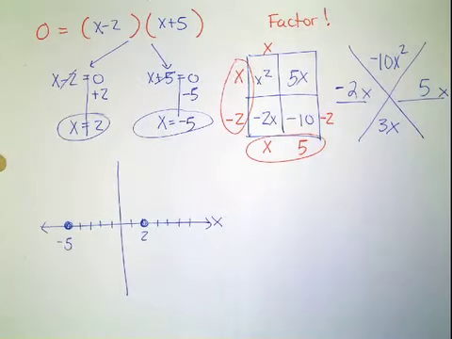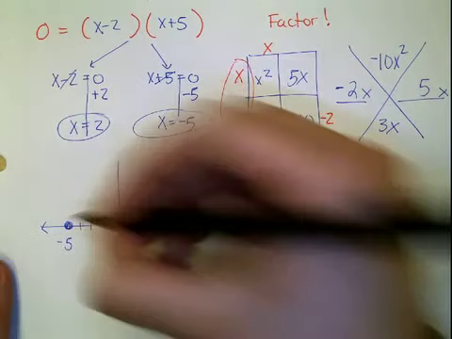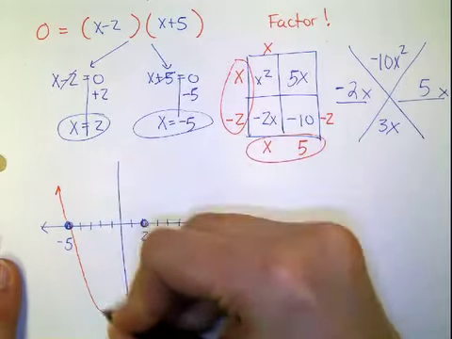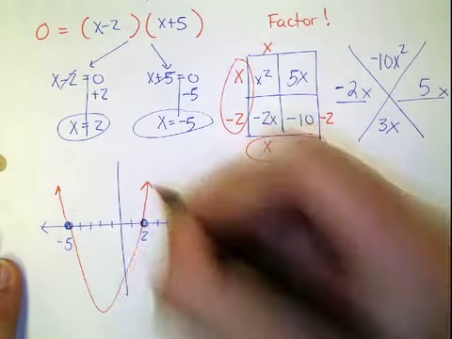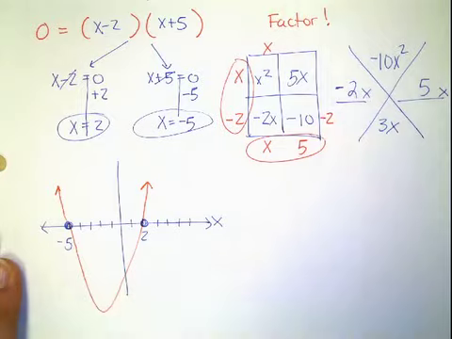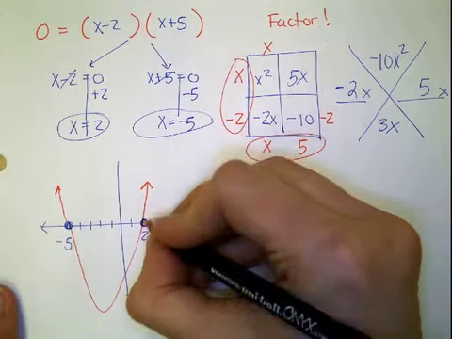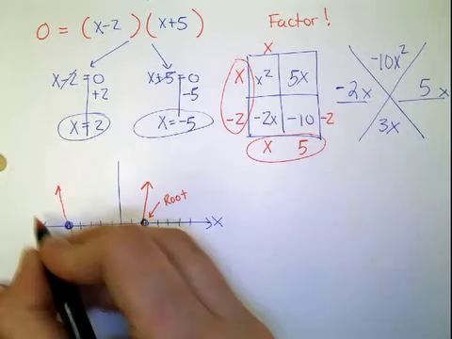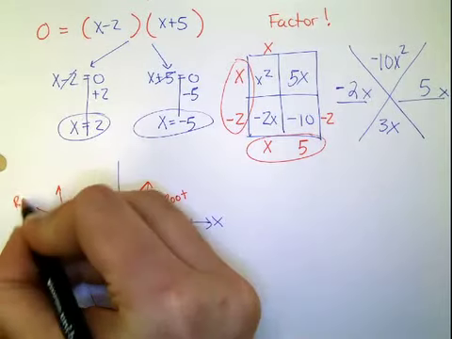That's what it's telling me. And I know my parabola is a U-shaped graph pointing upwards, so it probably looks, well, we don't completely know, something like this. And I don't know how low it goes, and I'd probably need to find some more points to get a really good graph. But I have an idea, and at least I know here's a root, and here is another root.